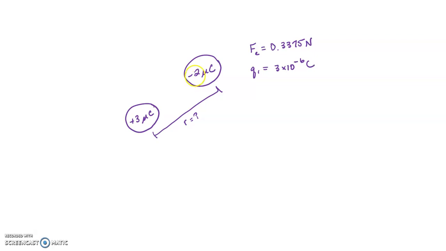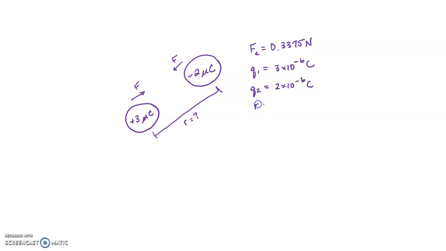I know that because they're opposites, they're going to be drawn towards each other. So I'm not going to worry about the plus minus in my equation because I understand its outcome conceptually. So the other charge, Q2, is then 2 times 10 to the -6 coulombs.